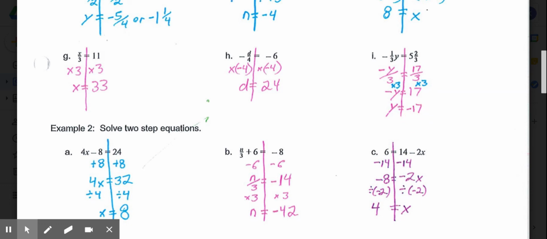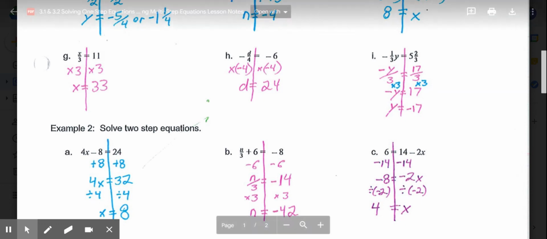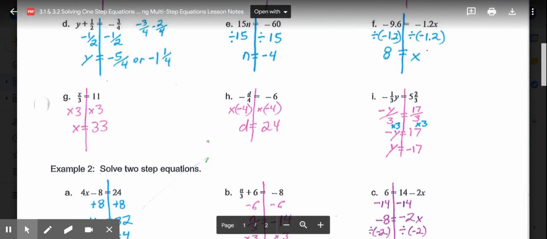So as you go through the problems for today, be careful with some of the negative signs and make sure you follow your rules with integers. So if you're multiplying or dividing, 2 of the same sign, so 2 positives or 2 negatives, will always give you a positive value. 1 of each sign, so 1 negative, 1 positive, when multiplying or dividing, will always give you a negative value.